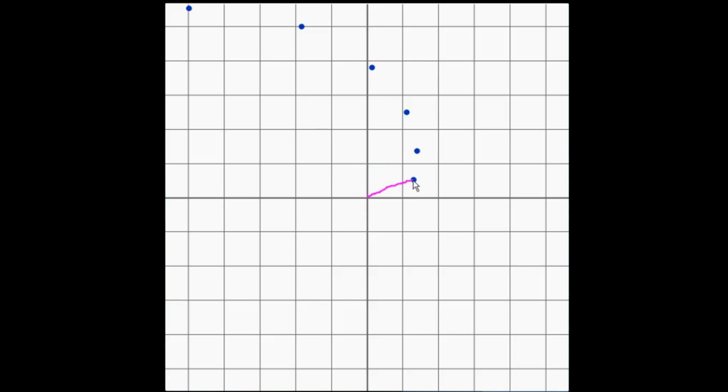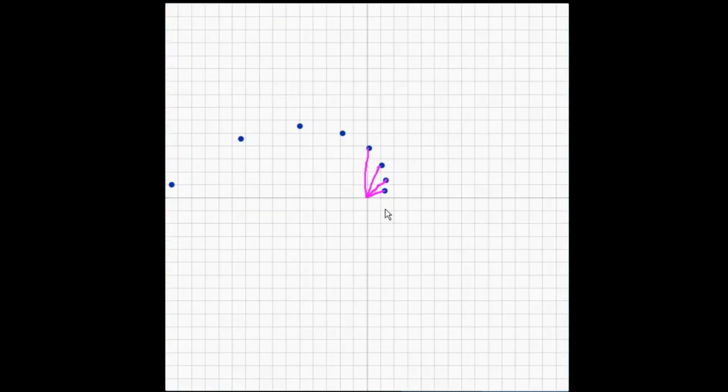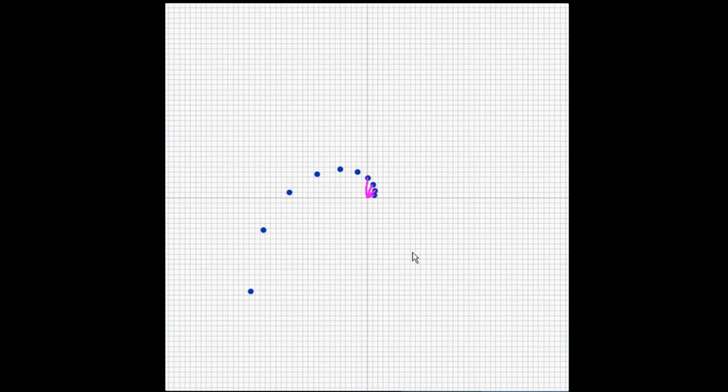And now the magnitude. So if you see, this magnitude is greater than 1. So every time you multiply by itself, it's going to get bigger and bigger and bigger. And so it's going to make a spiral outwards. That's a really neat result of just multiplying a number by itself a bunch of times.